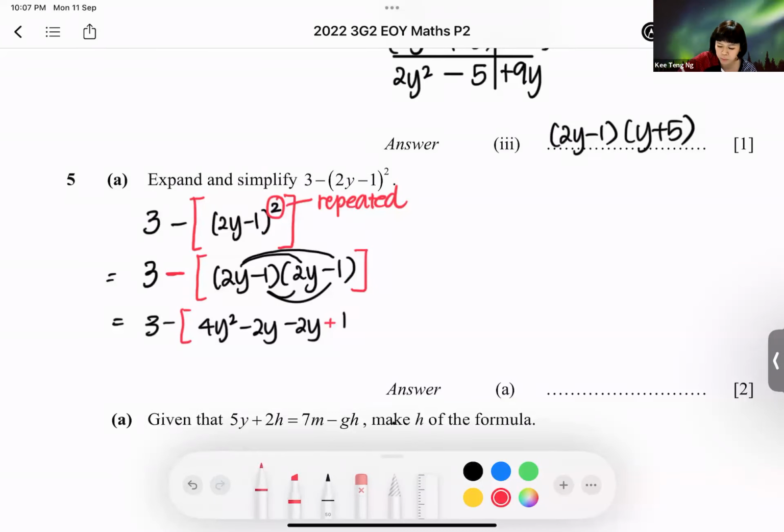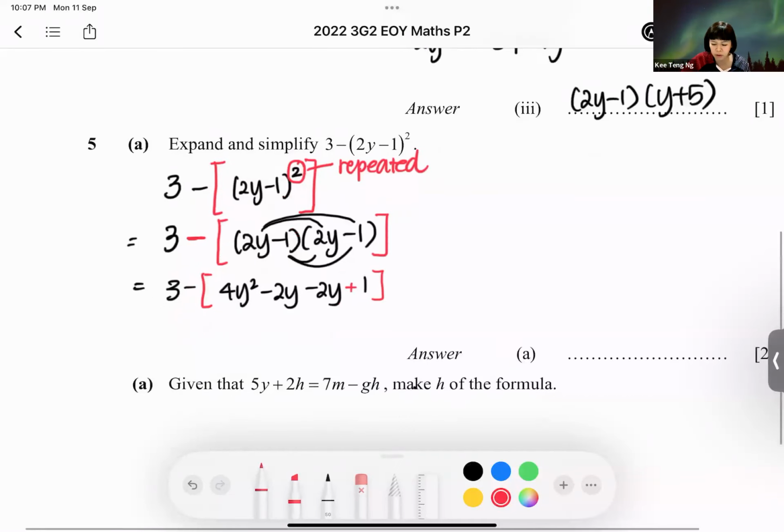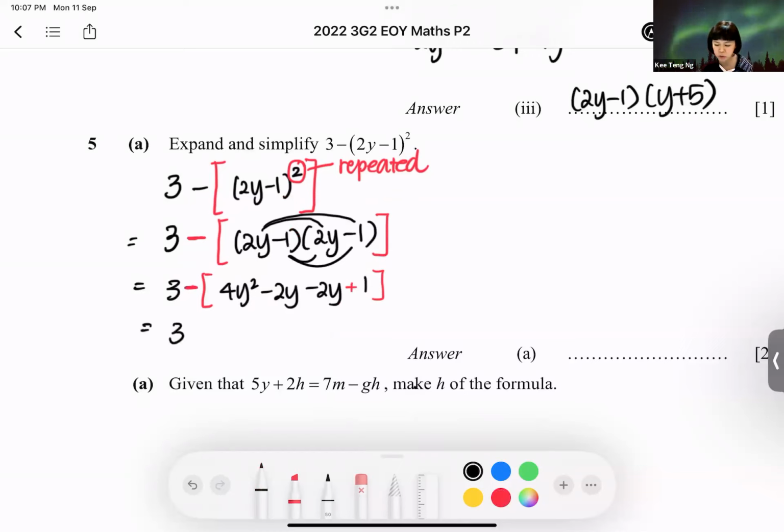Then close my bracket. Okay. After this, remember there is a negative sign over here. We need to multiply it in and we will have to change sign. So it's minus 4y squared. This one becomes plus 2y. This one becomes plus 2y. And this is minus 1.